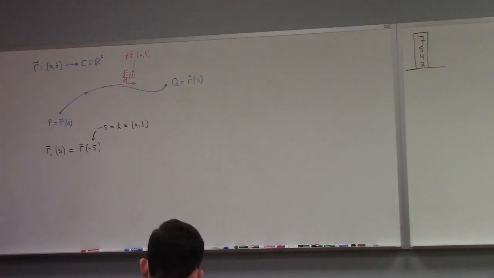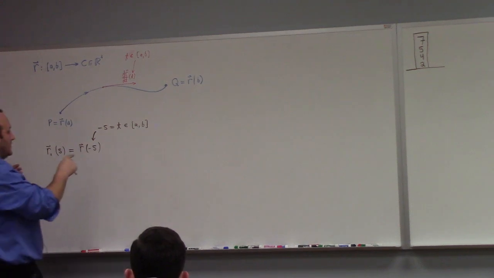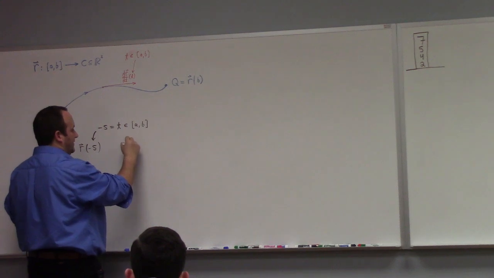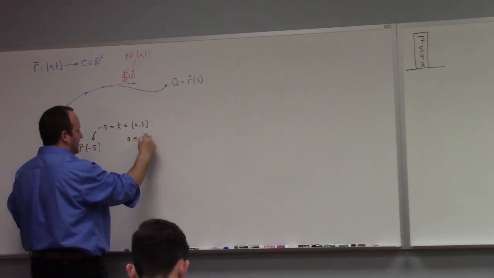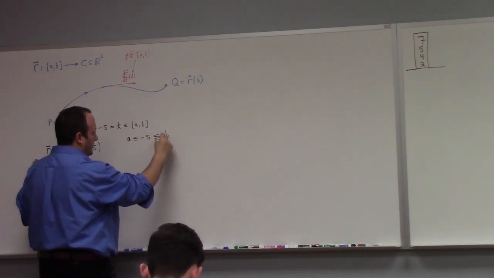So in order to plug minus s into the input for the path, I would need minus s to be between a and b. What does that say? That says a is less than or equal to minus s, which is less than or equal to b.